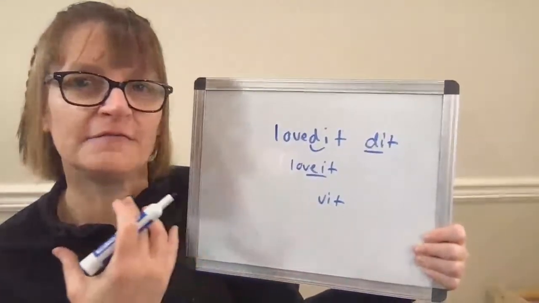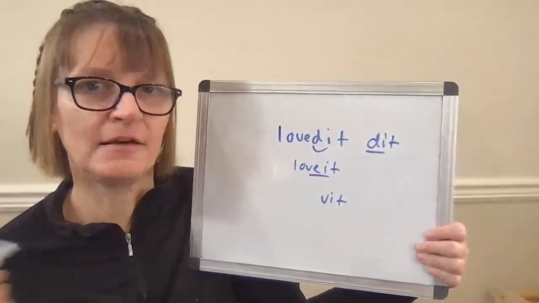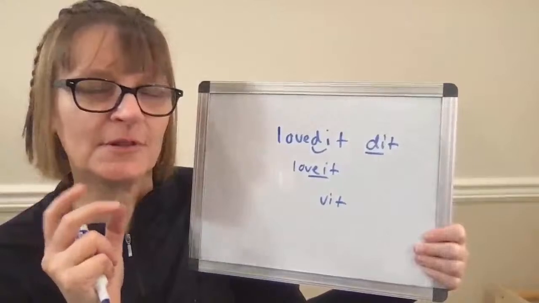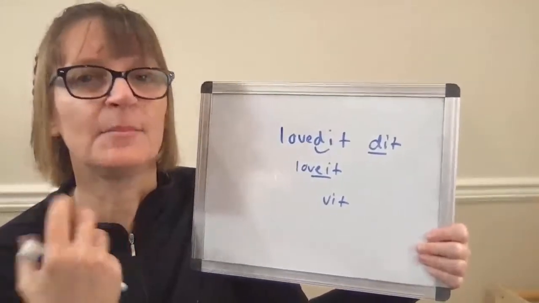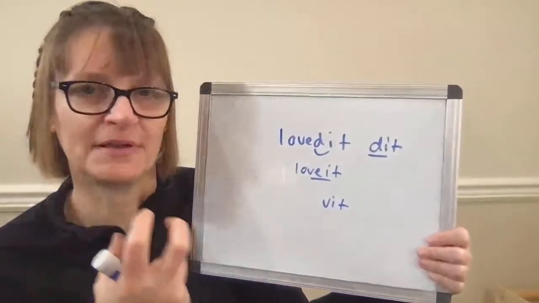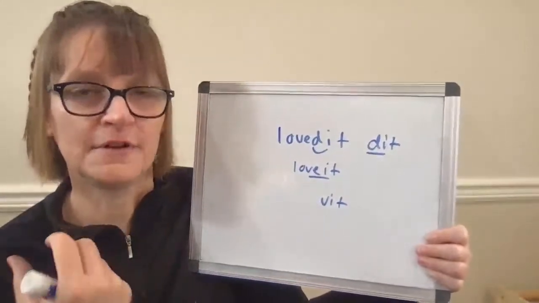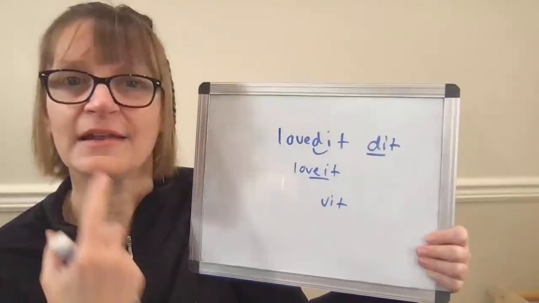If I'm saying I loved Sam, I loved Sam, you may hear that stop D isn't audible. I don't say I loved Sam, but I still mark it with a stopping of the air. So I loved him, I loved it, I loved her, I loved that.